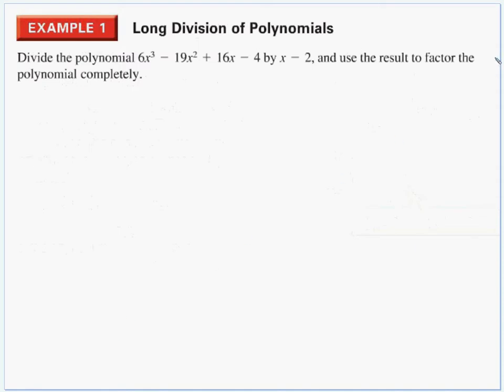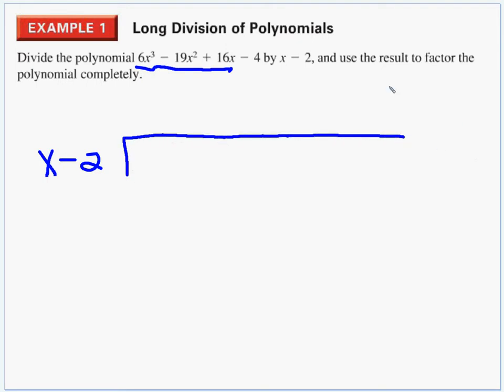So example 1, we're going to divide this polynomial by x minus 2. So I'm going to write here x minus 2. And we're going to divide that into 6x to the third, minus 19x squared, plus 16x, minus 4.